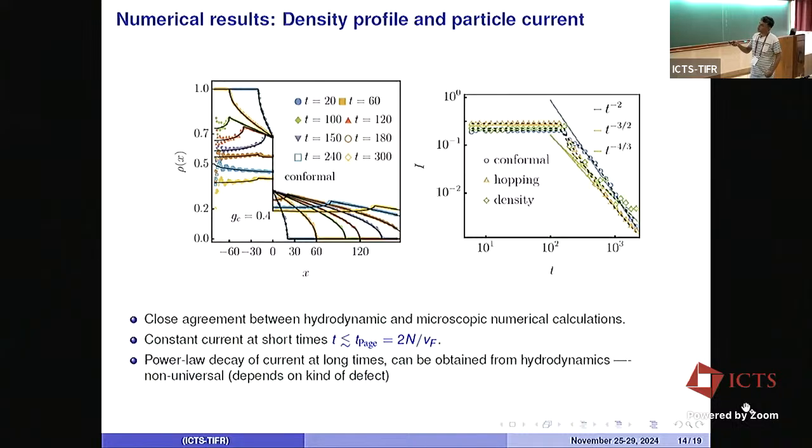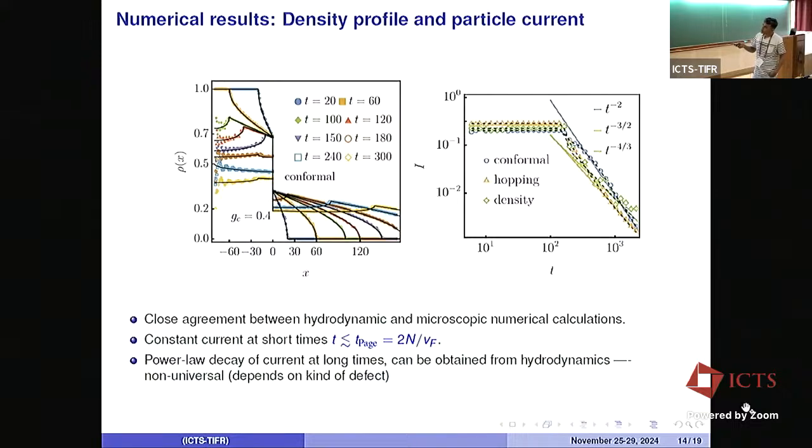Here the points are from complete exact microscopic calculations for a system with maybe 100 sites and a reservoir with maybe 1,000 sites. The solid lines are from the hydrodynamic predictions. You can see there's almost perfect agreement.